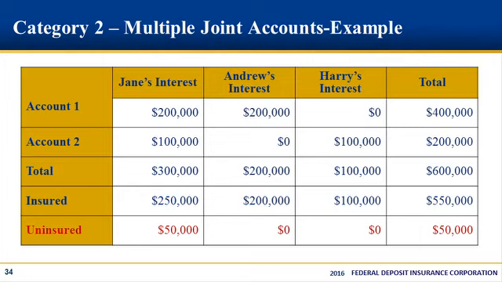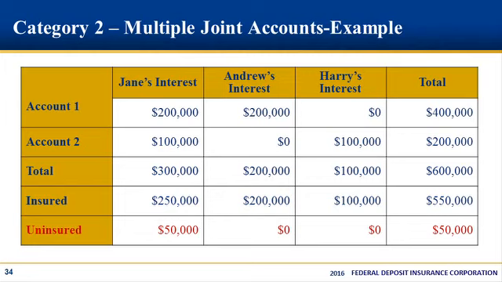In looking at the column for Jane Smith in this example, you see that Jane Smith has a $200,000 ownership interest in the joint account category for account number 1 and a $100,000 ownership interest for account number 2. When we add Jane Smith's ownership interest together for both of these joint accounts, she has a total of $300,000 in the joint account category.